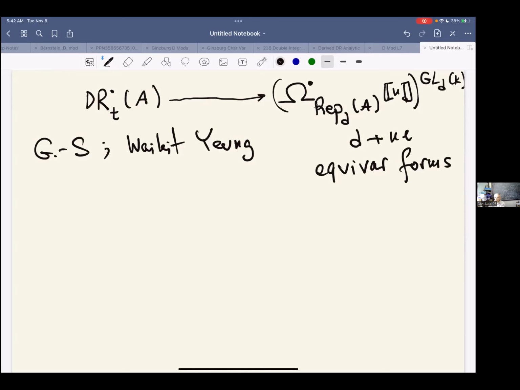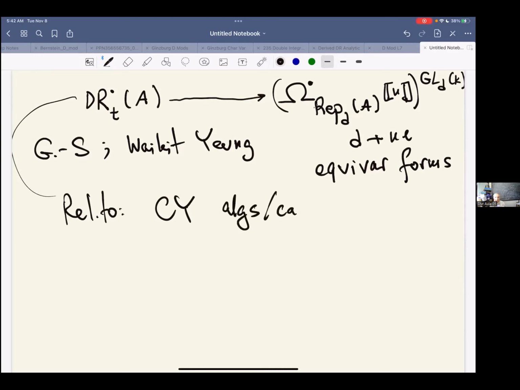And again, it could be extended to multi-vectors, and it's important for... it's related to Calabi-Yau algebras and categories and so on.